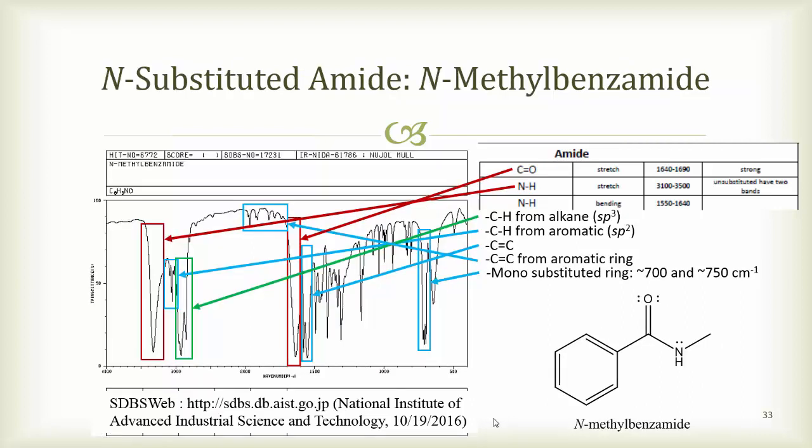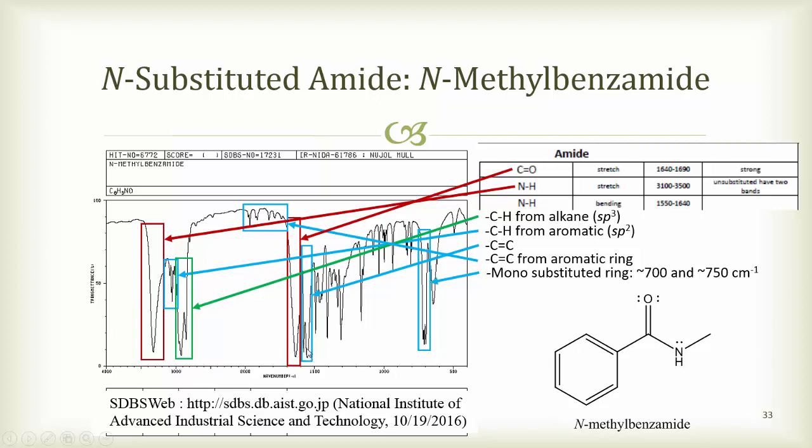So here's an example of a substituted amide. This one has a carbon coming off of the nitrogen. So again, we'll talk about it. The aromatic ring, we are dealing with sp2 hybridized carbons, and there are hydrogens attached to these carbons, and we see those stretches just above 3000 wave numbers. We also see the carbon-carbon double bond.